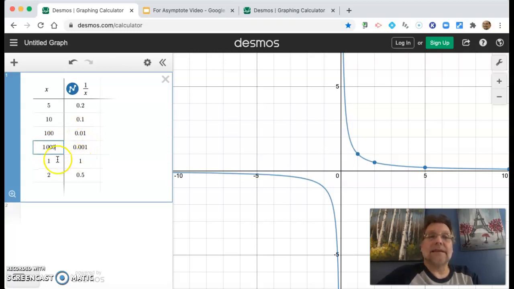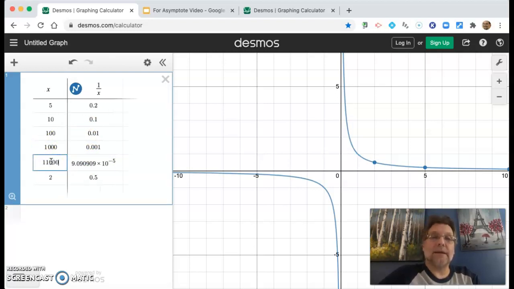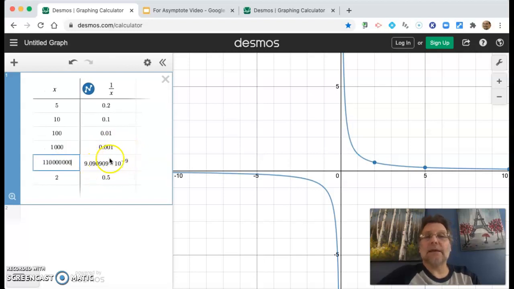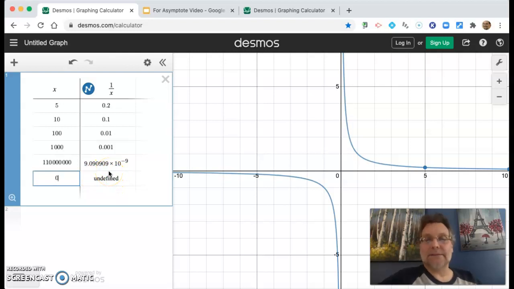These are really little numbers. If I put in a really big number, I'm going to get a really tiny number out. This is times 10 to the negative ninth, so you move the decimal point 9 places. It's really small. If I put in 0, you may have seen before, I get undefined because 1 divided by 0 doesn't make sense. We can't divide any number by 0.